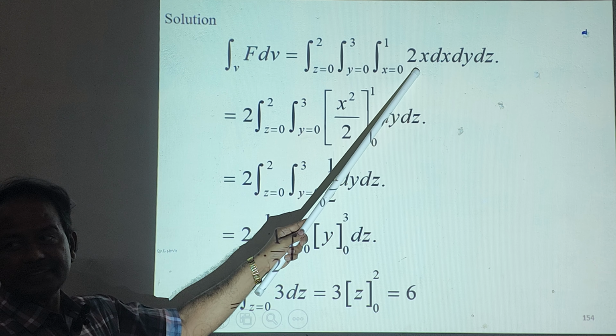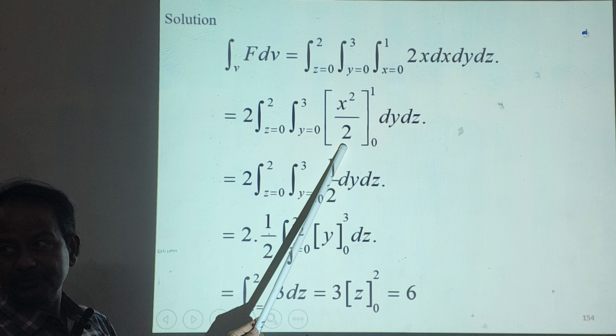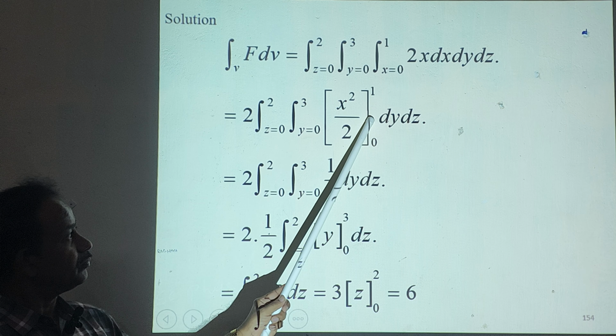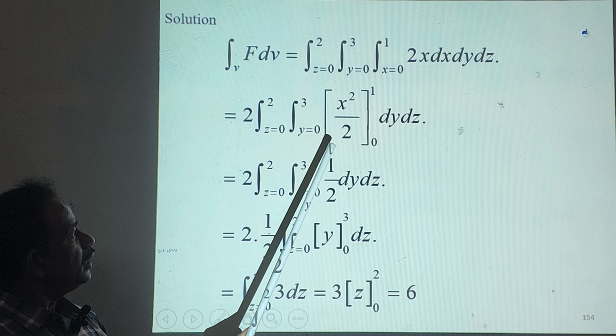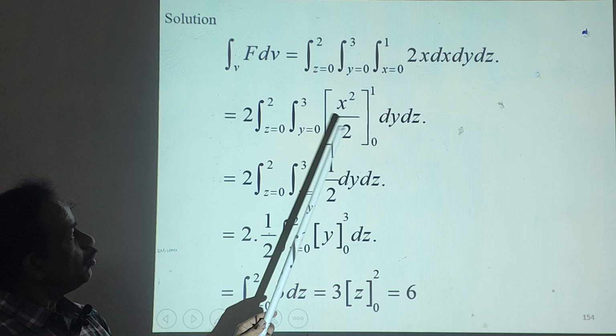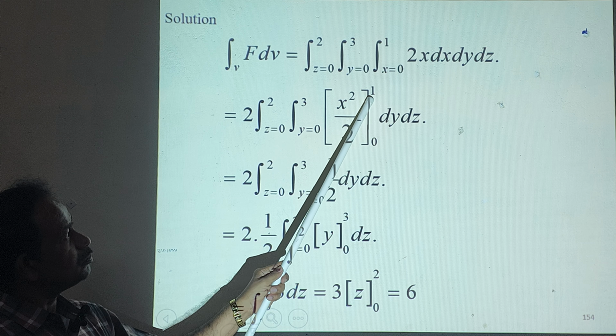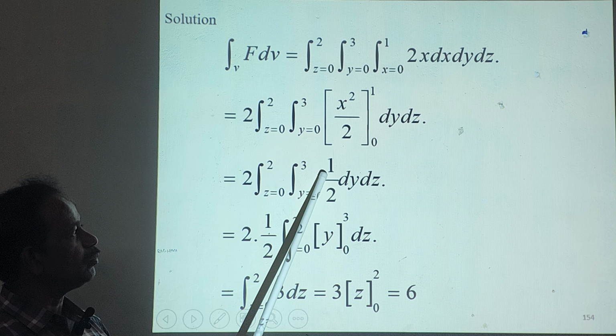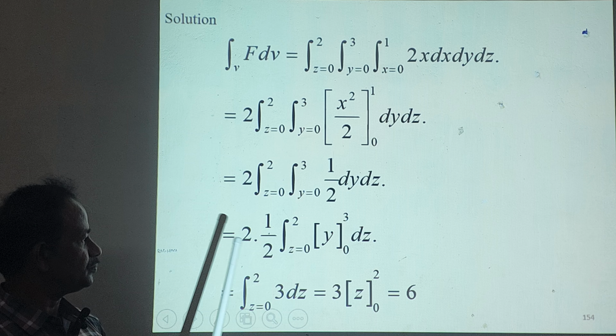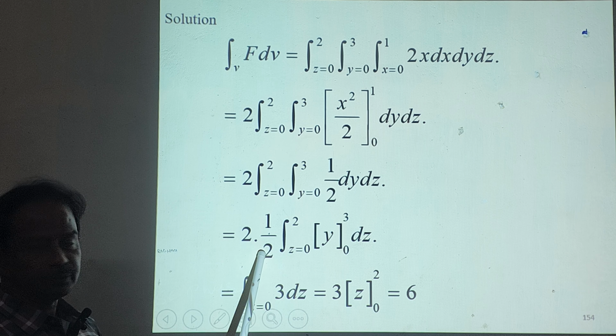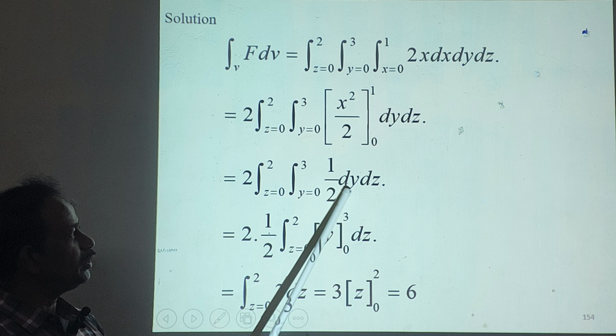Integrating x will give you x squared by 2, and you use the limits 0 to 1. Substituting x as 1, we have 1 by 2 dy dz, and these two will get cancelled. So we have dy dz.